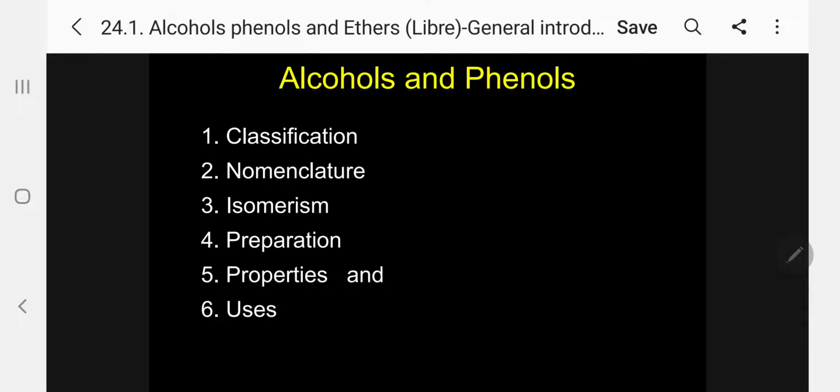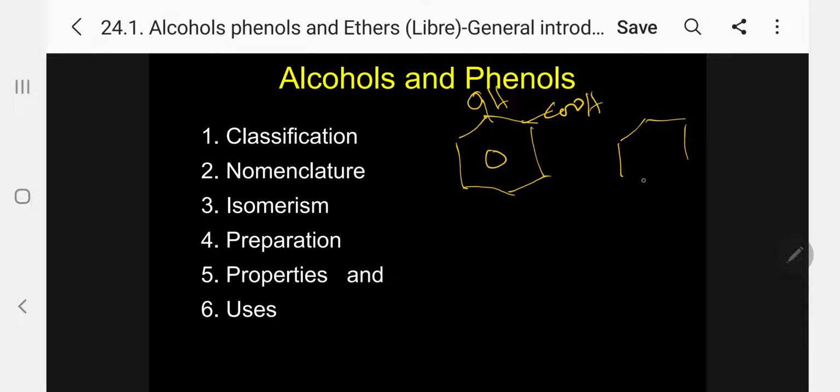I can give you one simple example. Kindly follow. You take this salicylic acid, ortho-hydroxybenzoic acid. Another is meta-hydroxybenzoic acid.